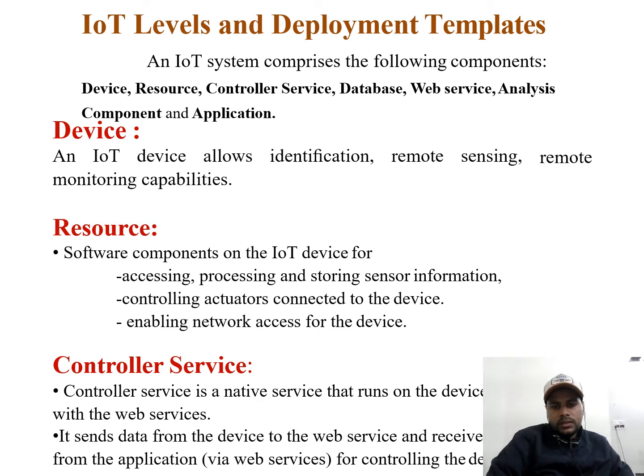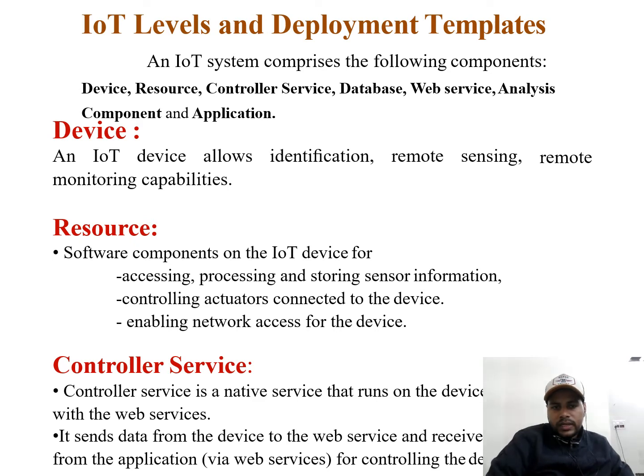First one is an IoT device, which allows us remote sensing and remote monitoring capabilities. It is basically used to sense and identify various parameters and monitor various capabilities. Second one is resource. Resource is like software components on the IoT device used for accessing, processing, and storing sensor information.